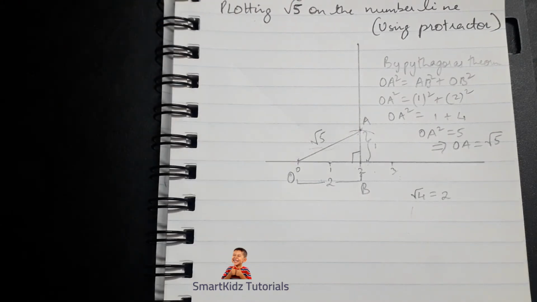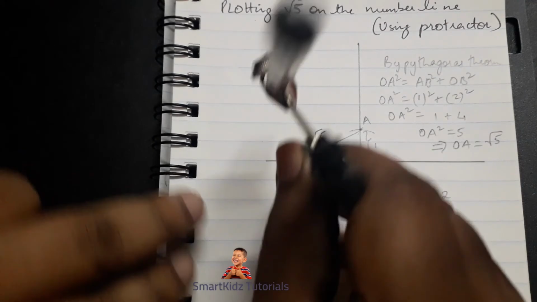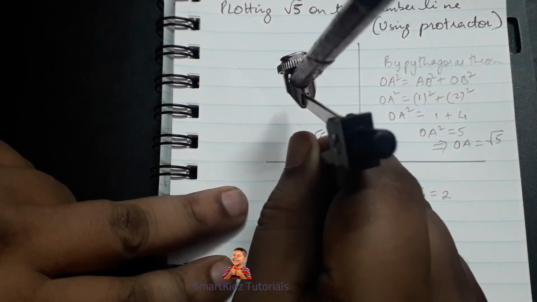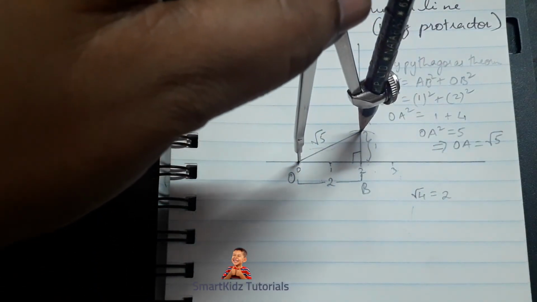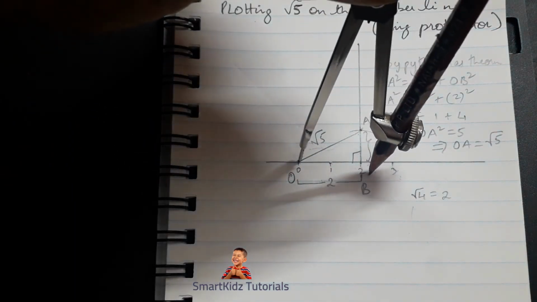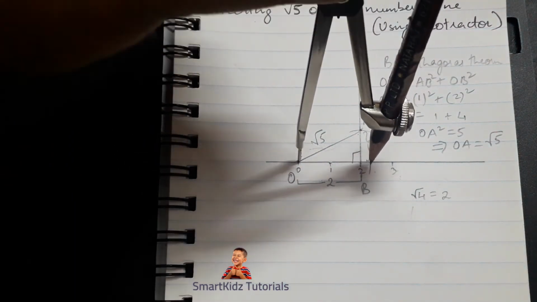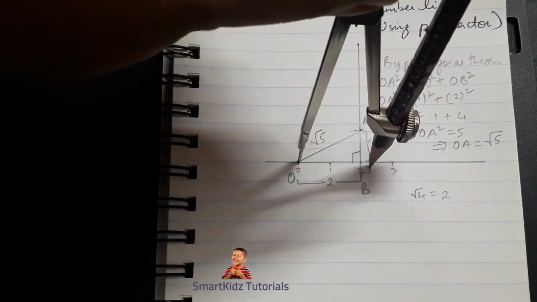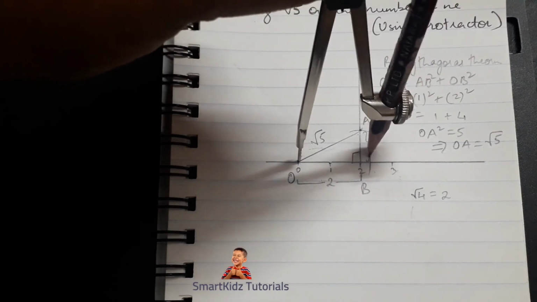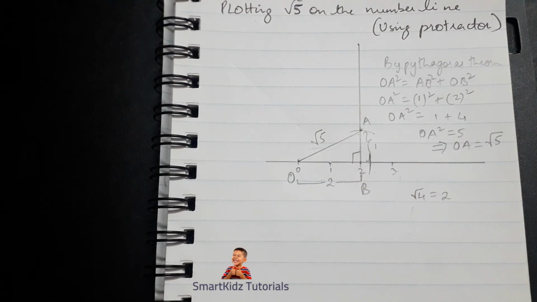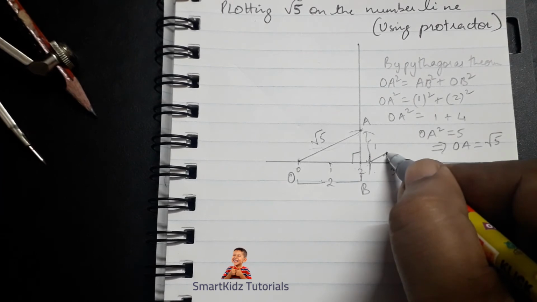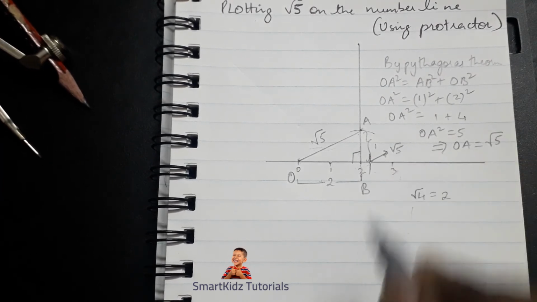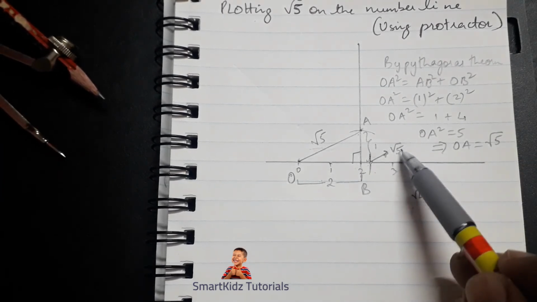Now with this measurement I need to keep the pointer on 0 this way and ensure that it goes through this point, and then cut an arc on this number line. And where this arc intersects this line, we mark that point, and that point becomes our root 5. So that's how we get square root of 5.